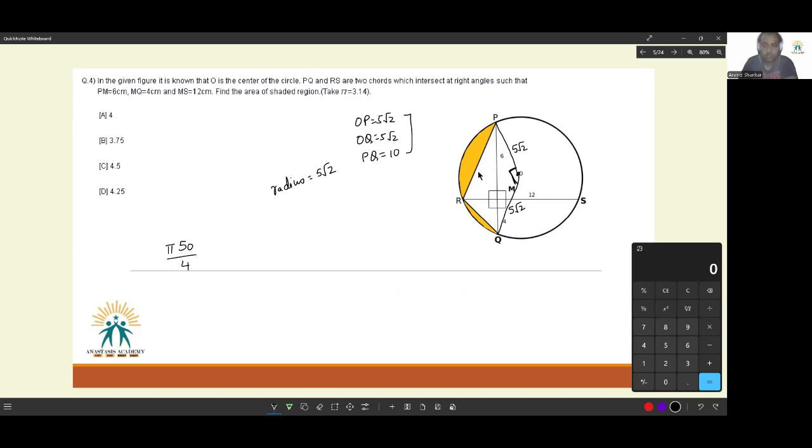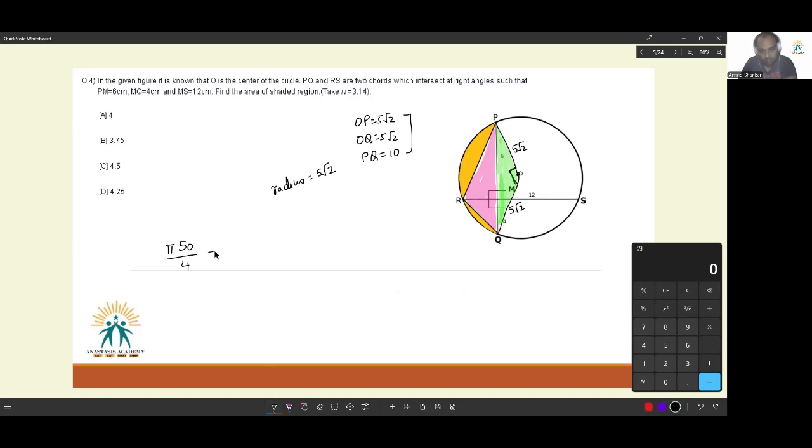We get the area of the sector, and then I can figure out the area of this triangle, which has sides 5 root 2, 5 root 2, and 10. And I can also figure out the area of this triangle, for which the base is PQ, which is 10, and the height is 2.